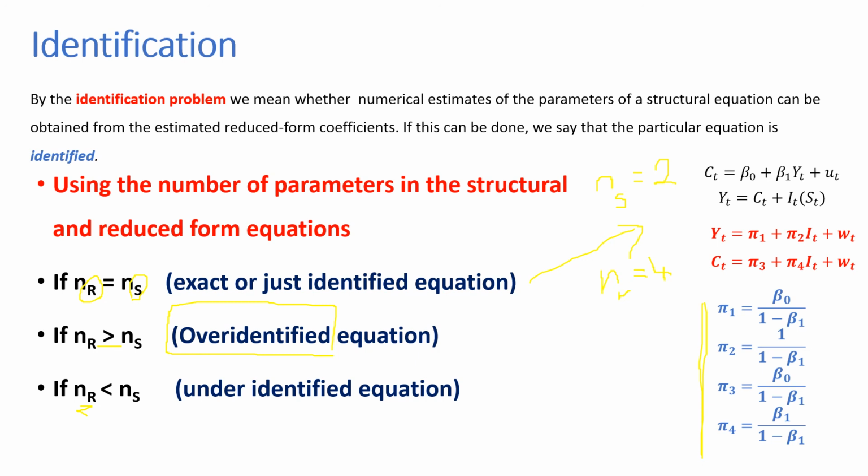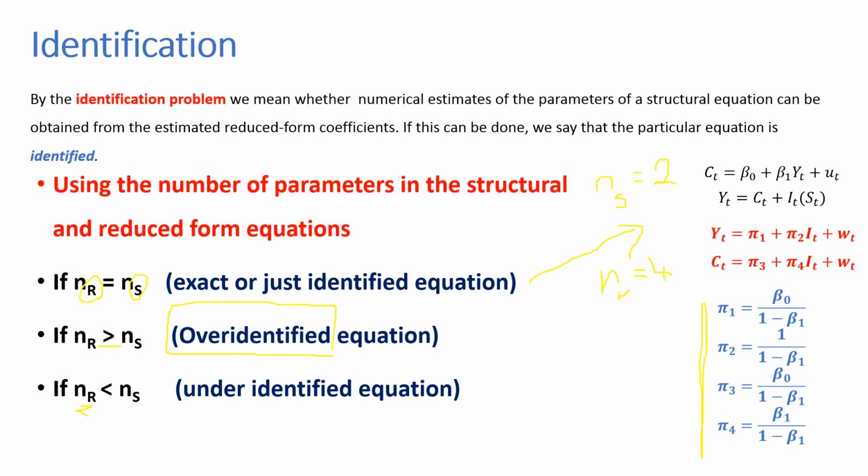So sometimes I will go through all the steps, find the reduced form equation, and then figure out that I cannot solve it. I cannot find the structural parameters from the reduced parameters, as if I have wasted my time going through all these steps.